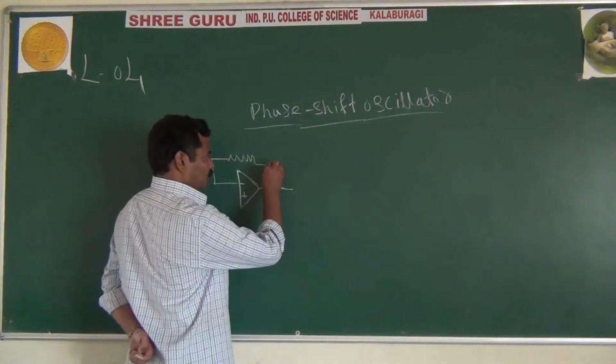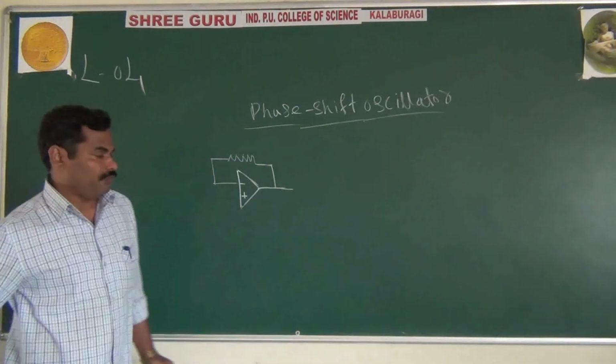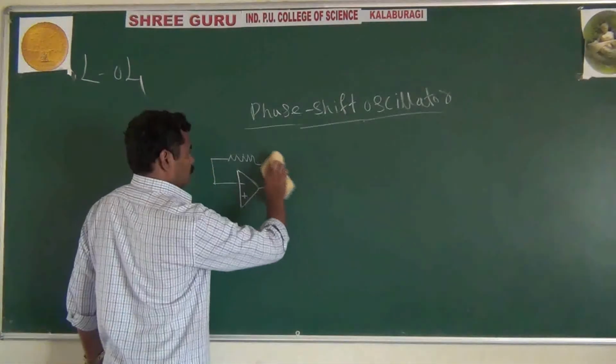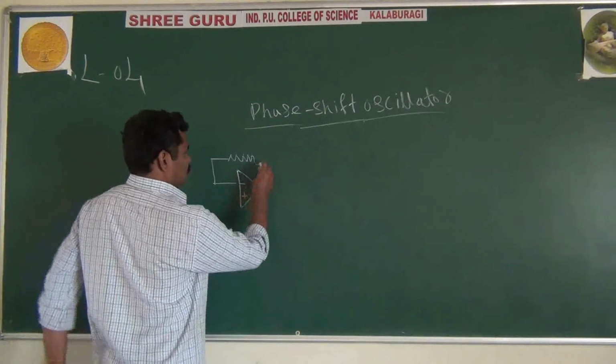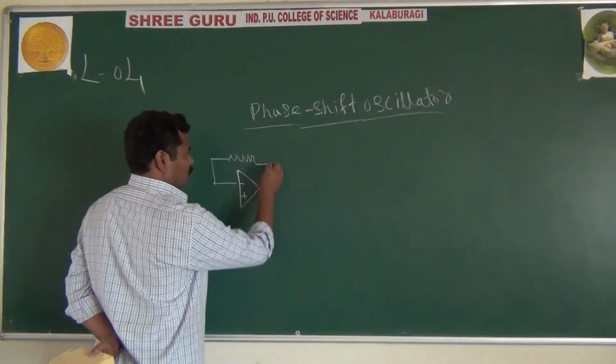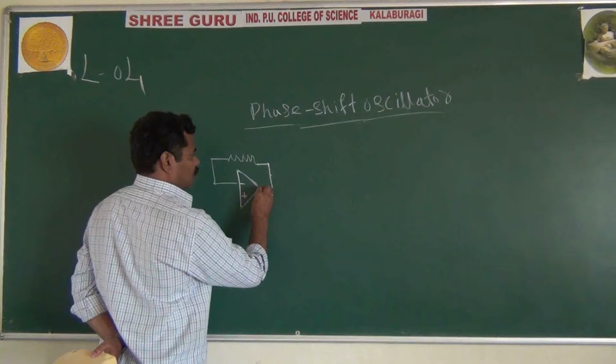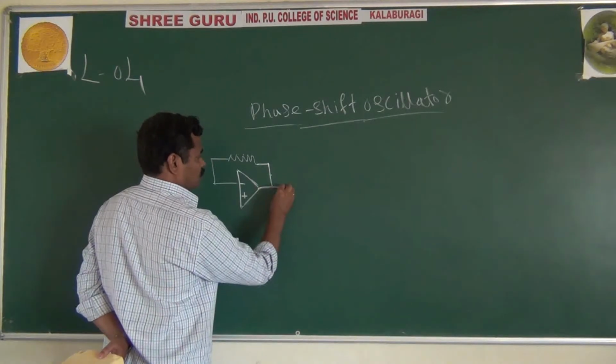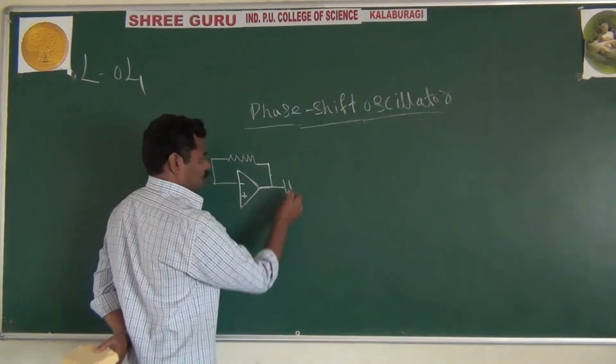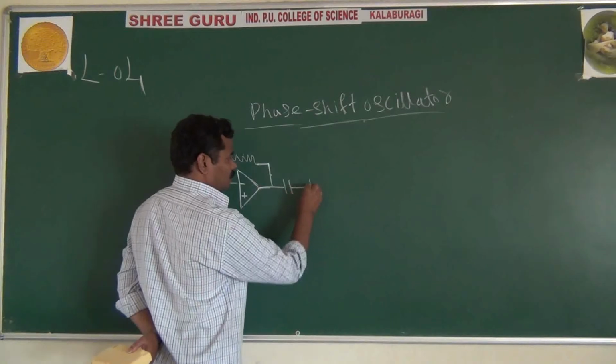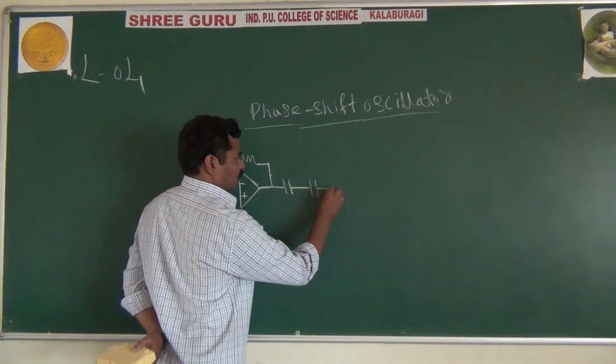Here in the feedback part, you are using a 3 RC combination. It is having the 3 RC network.